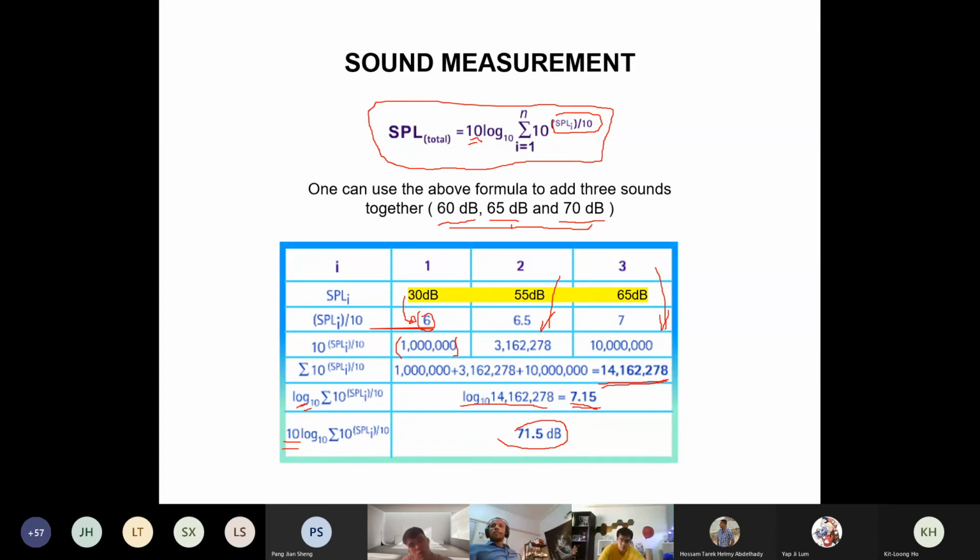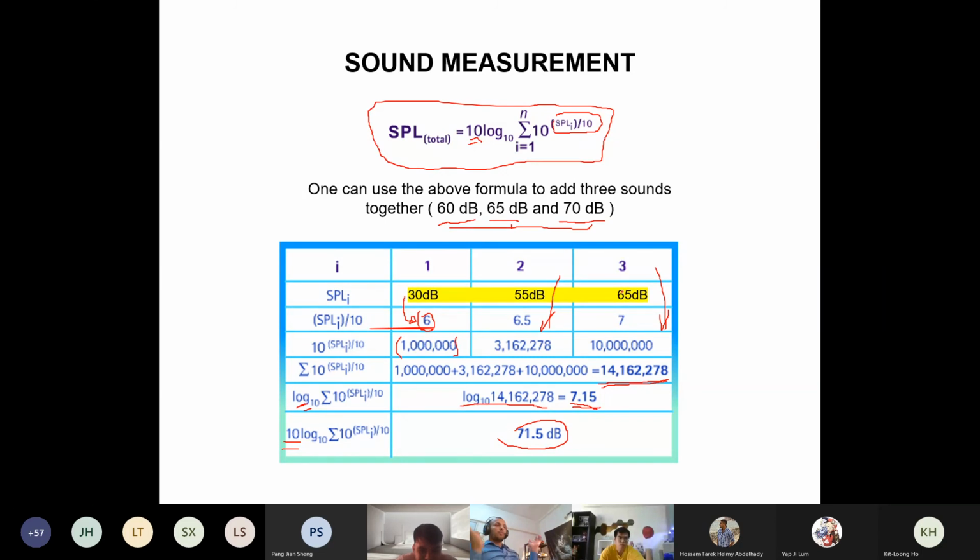Are you sure it's 6.54? Someone said it's 6.54. I don't think so. Imagine you have a sound level with 30 decibels, 55 decibels, and 65 decibels.